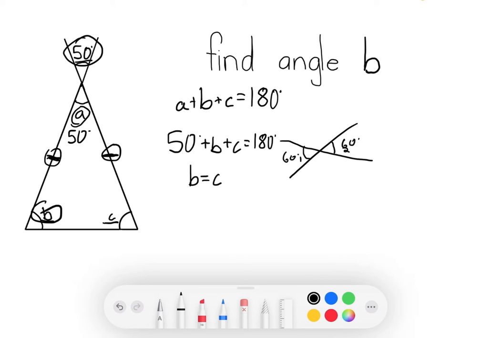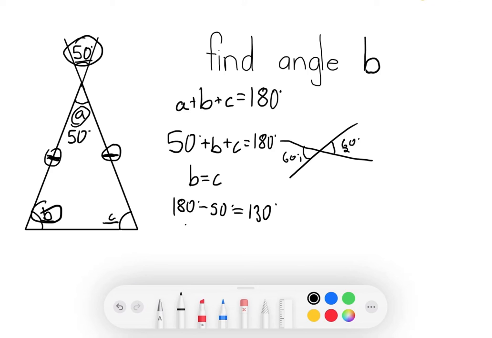Now, since we know that they both equal the same thing, we can take 50 degrees out of the formula. When we take 50 degrees out of the equation, you also need to subtract 50 degrees from the other side. So 180 degrees minus 50 degrees equals 130 degrees.